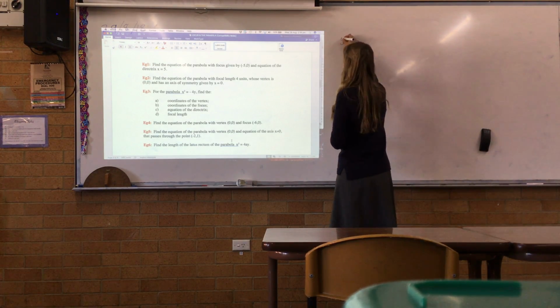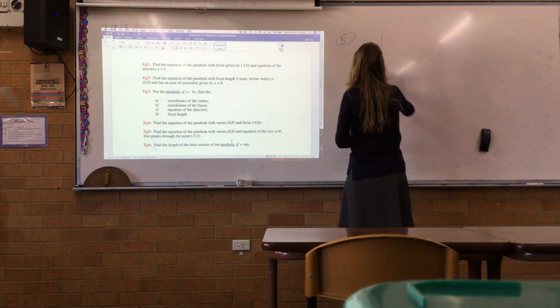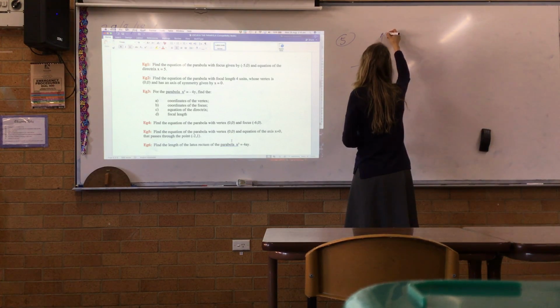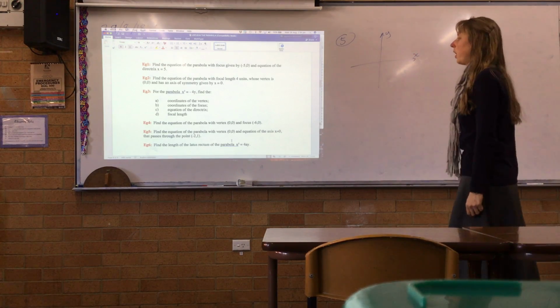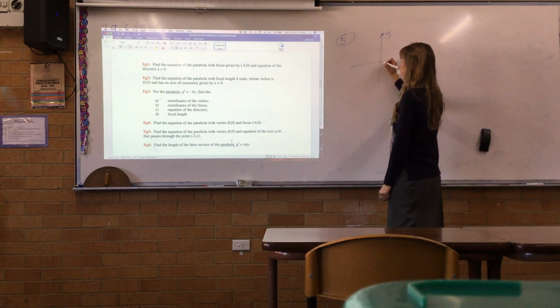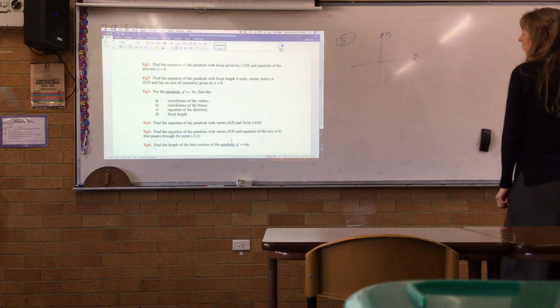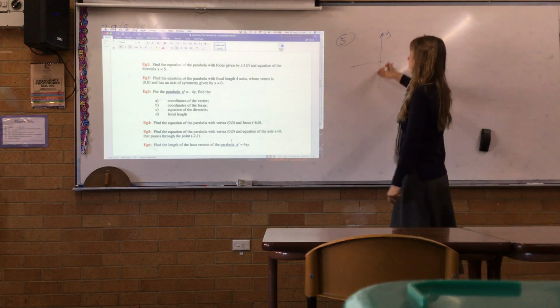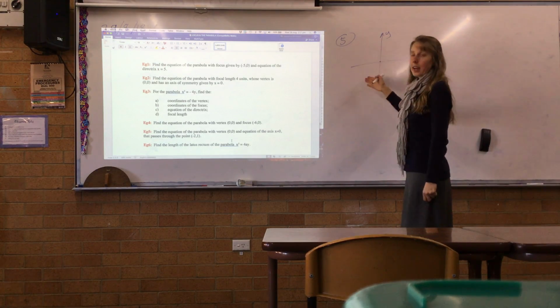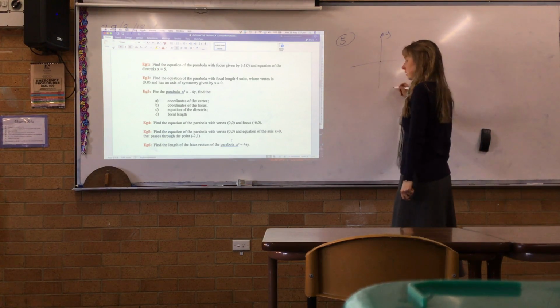So, 5. Our sketch. Y, x. Well, we know the vertex is 0, 0. Okay, so the vertex goes through there. The equation of the axis is x equals 0, so it's going to be symmetrical around this axis. So it's either going to be like this or like this.